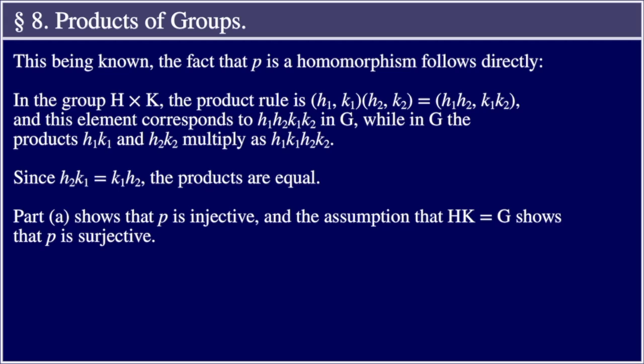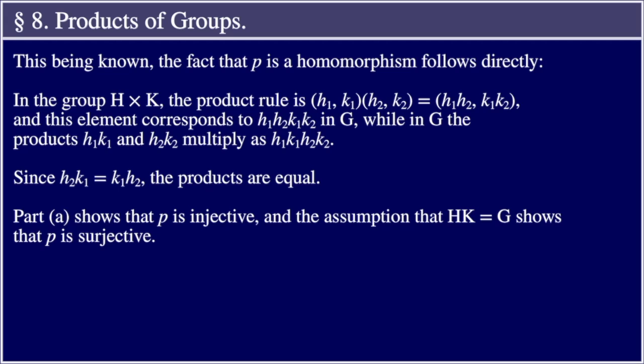In the group H × K, the product rule is the quantity (h1, k1) times the quantity (h2, k2) is equal to (h1h2, k1k2). And this element corresponds to h1h2k1k2 in G, while in G the products h1k1 and h2k2 multiply as h1k1h2k2.